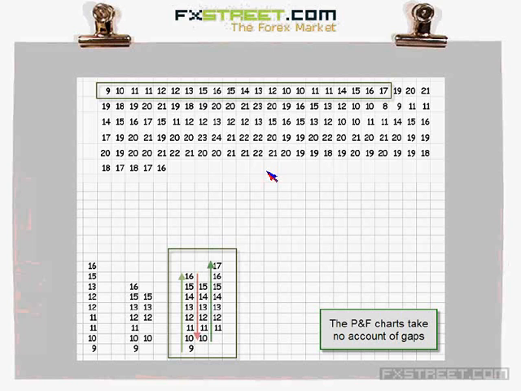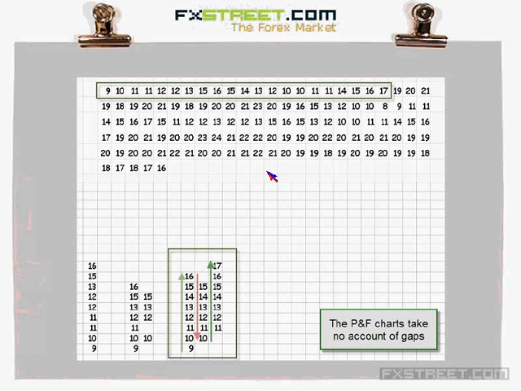Like we have here in the first column, for example, we see the 14, but the 14 was really not negotiated, was not appearing in the tape.